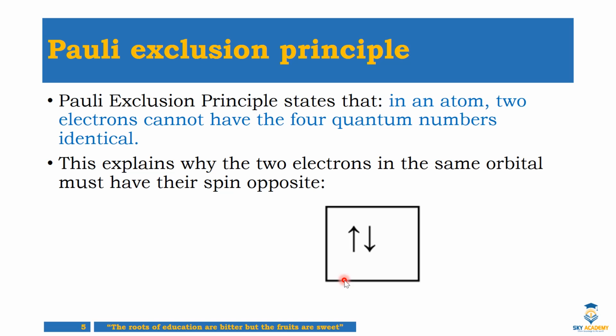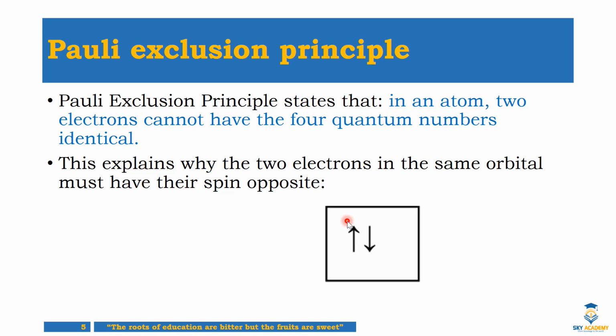So those are the four quantum numbers. We have seen that the first, the principal quantum number, shows the energy level.